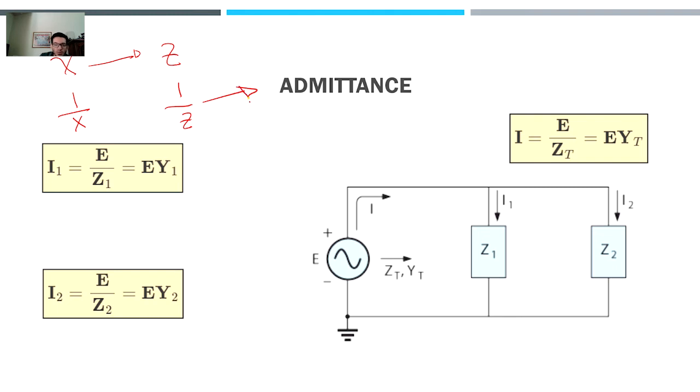This is similar to conductivity. If you remember from DC circuits, 1 over resistance is conductance. Similarly, in AC circuits, the inverse of the impedance is admittance.